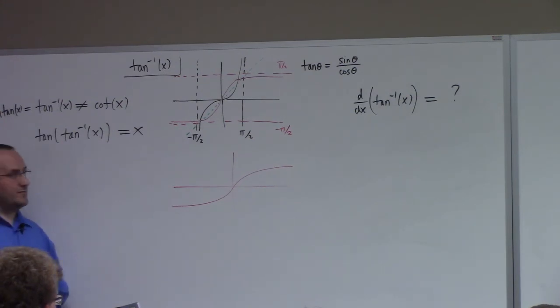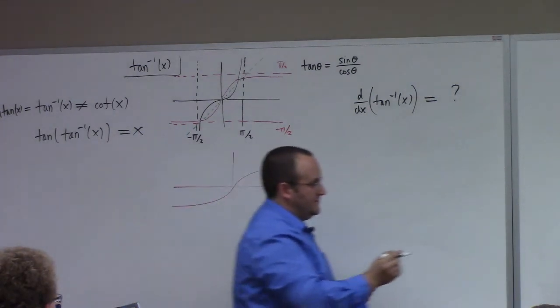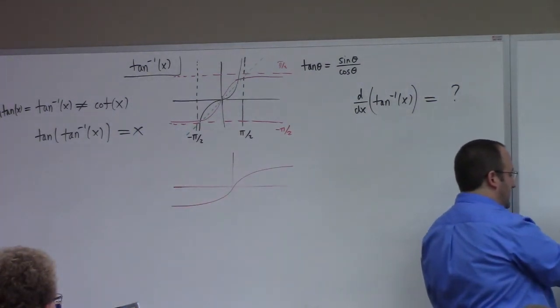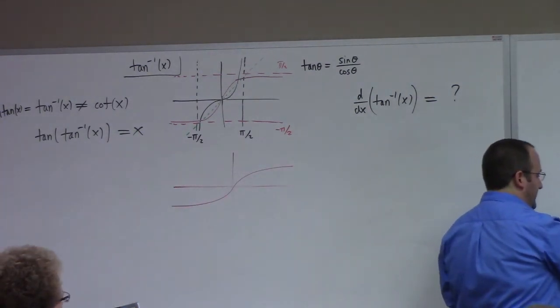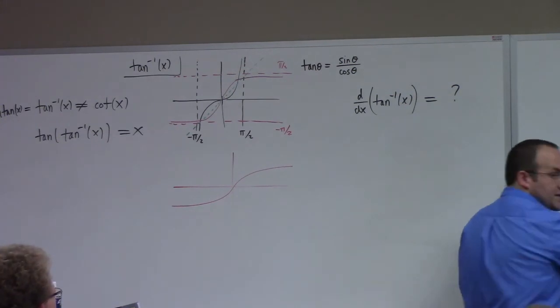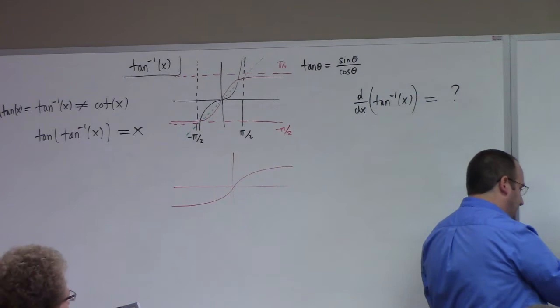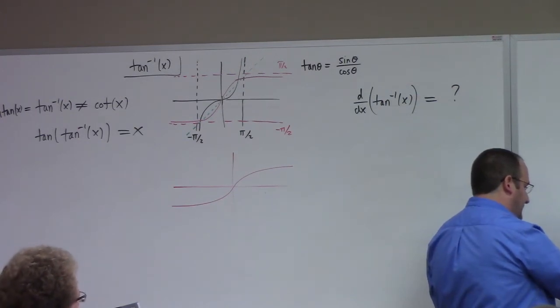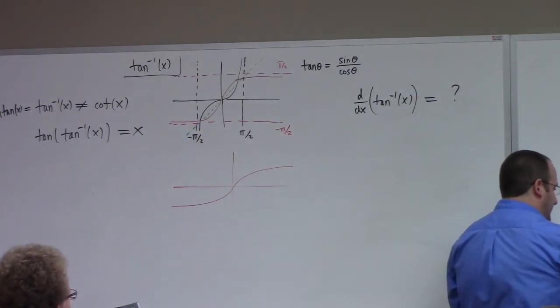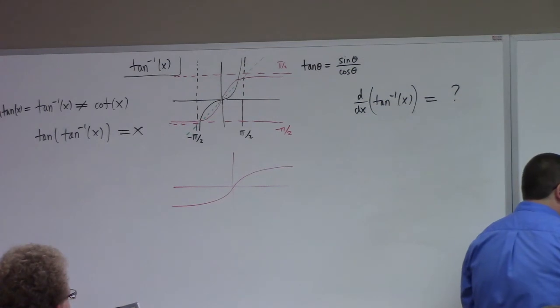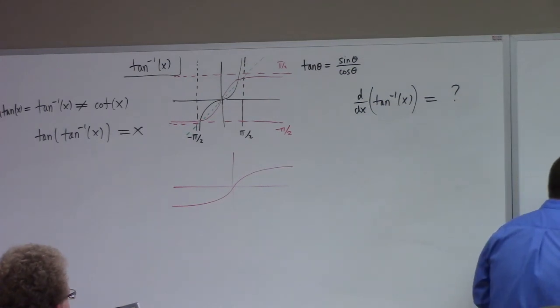I use the chain rule. If I have f of f inverse of x equals x, differentiate it. What happens when you differentiate this? You get df dx at f inverse of x, times the derivative with respect to x of f inverse of x. What's that equal to?